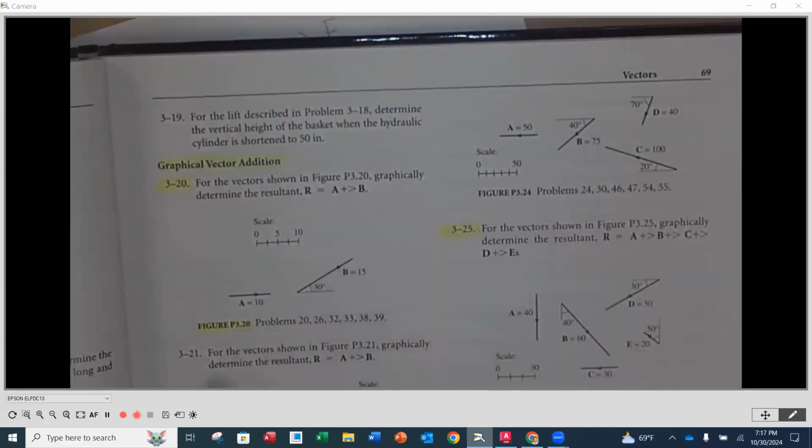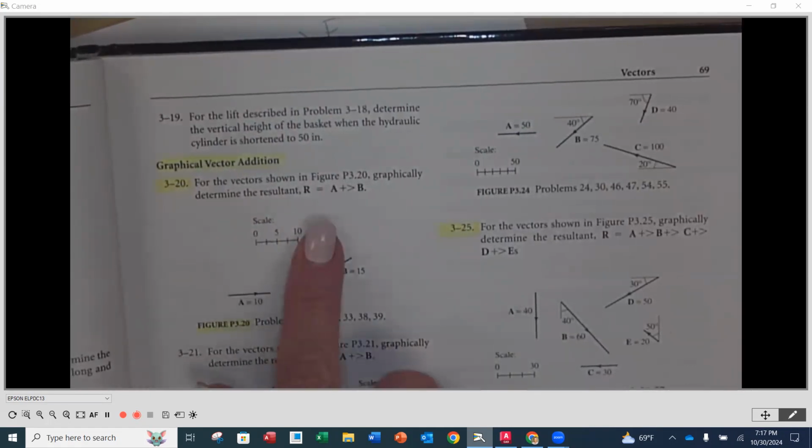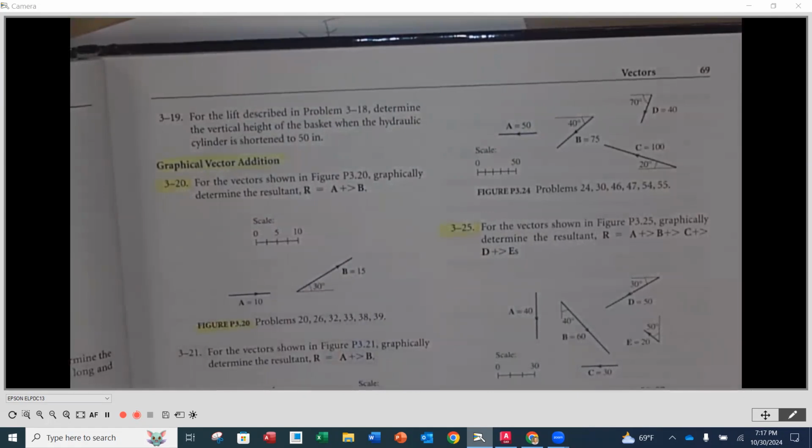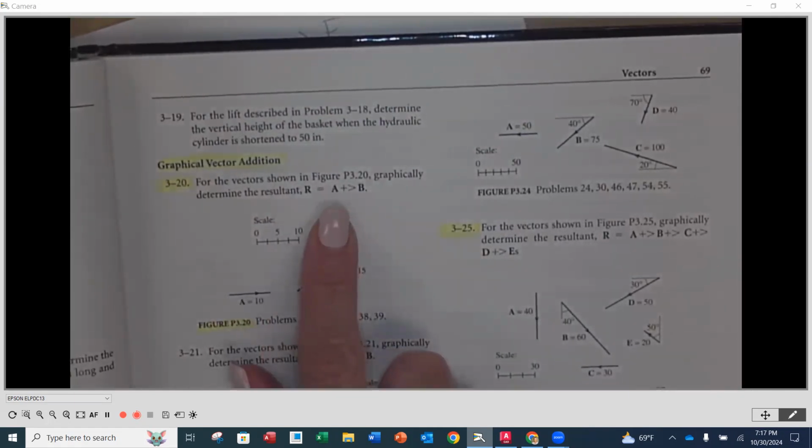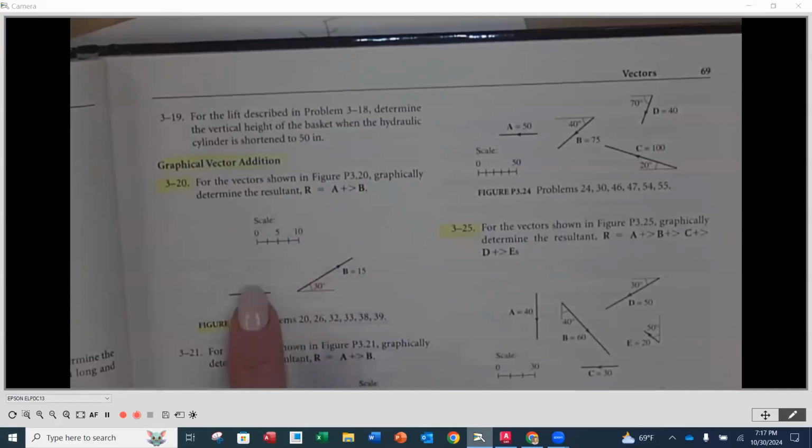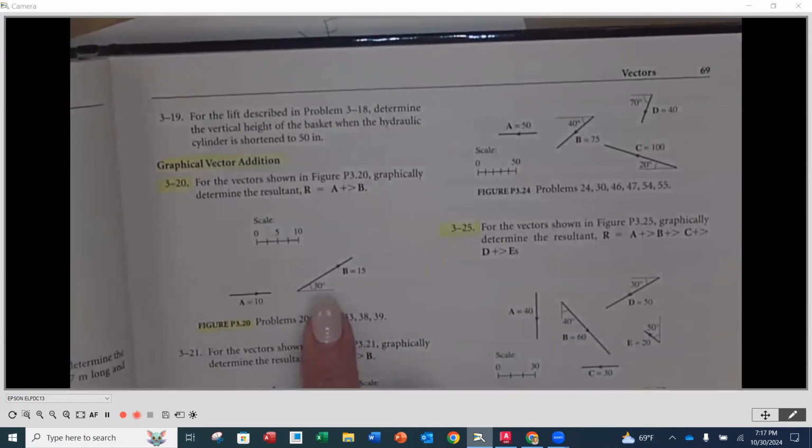It says, for the vectors shown right here, A and B, graphically determine the resultant A plus B. So R is equal to A plus B. Here is your equation. Here is each one of those vectors in their scaled form. So you're going to be going through that very same process that we did earlier this evening. Okay. So that's 320, vector addition.